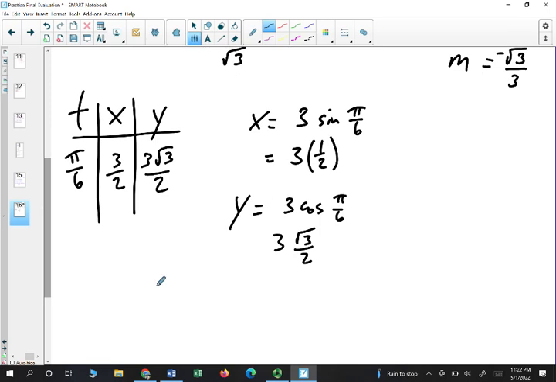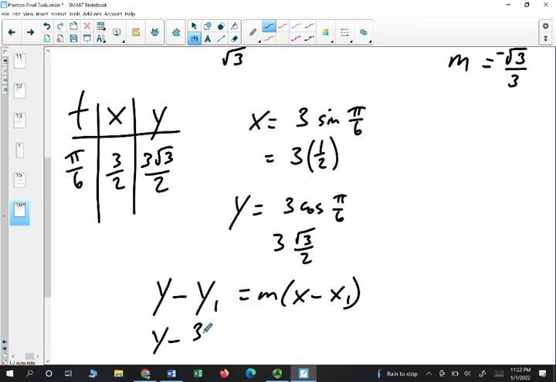Okay, so now we could use our point slope formula. We can plug in our y1, which will be 3 root 3 over 2, and negative root 3 over 3 times x minus x1, which will be 3 over 2. Now we could simplify it.